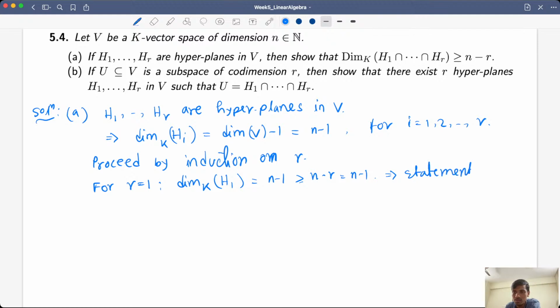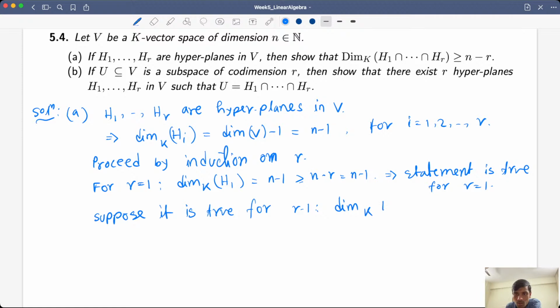The statement is true for r equal to 1. Suppose it is true for r minus 1, that means the dimension of H1 intersection up to H(r minus 1) is greater than or equal to n minus (r minus 1).